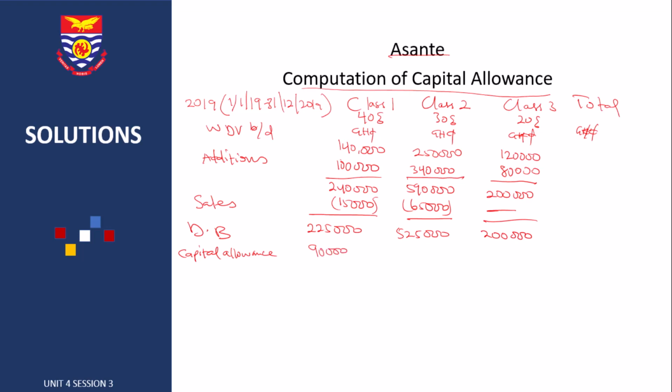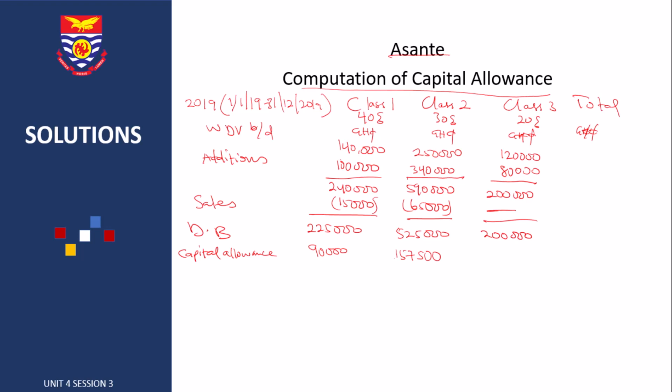We do the same for class 2. We have 525,000 multiplying 30% multiplying 365 over 365, and this is giving us 157,500. And for class 3, we have 200,000 times 20% times 365 over 365.